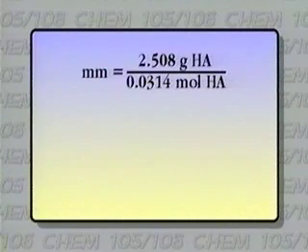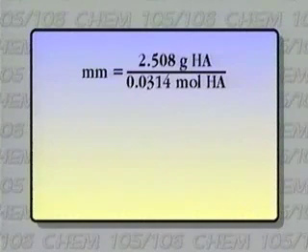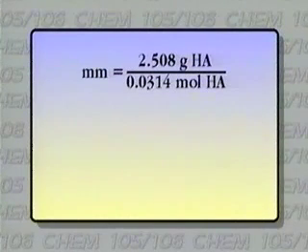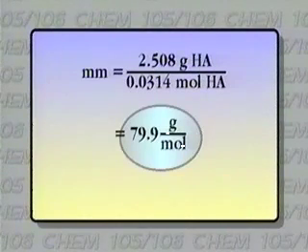We look at the units, we have grams over moles, which of course is correct for molar mass, and we carry out the final step then. So 2.508, and we have a molar mass for this compound of 79.9 grams per mole.